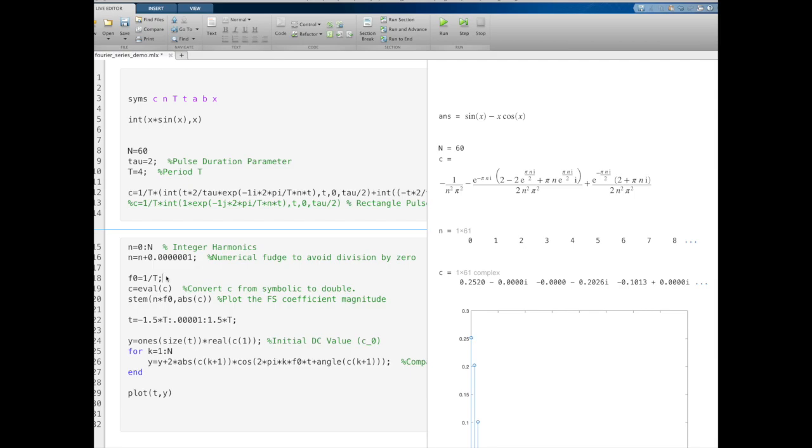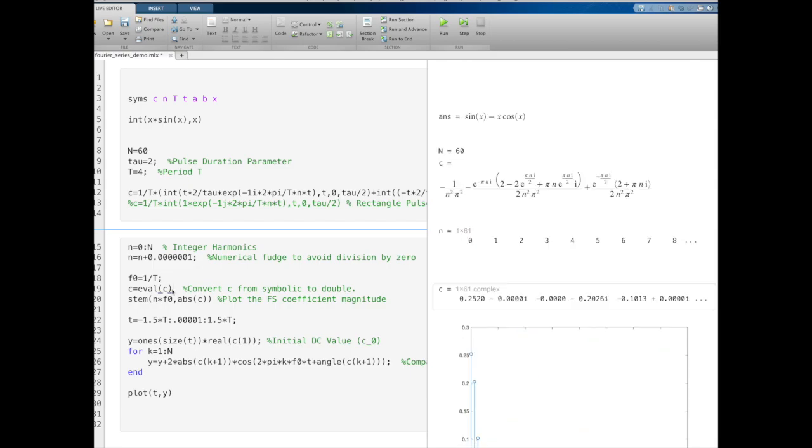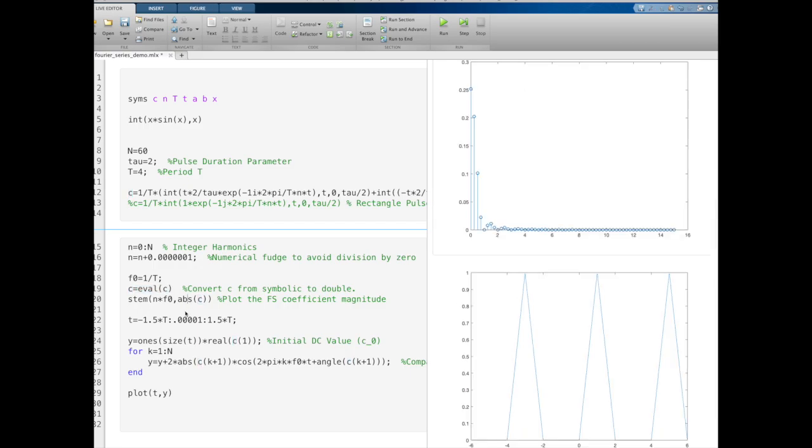All right, the next thing that I'm doing here that you should know about is with this particular command, I'm converting the symbolic variable to a double precision, just a regular Matlab variable. That way I can do plots, all right? I can take a look at the Fourier series coefficients, and I can put this for loop in that calculates the Fourier series, all right?